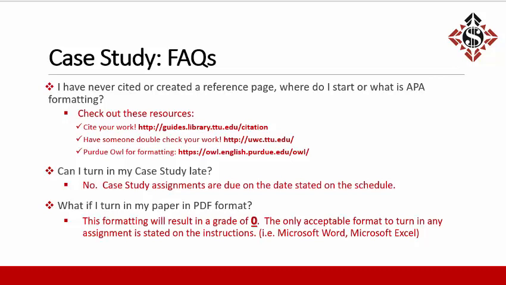The first is for the Texas Tech Library on how you can cite your work. Second is for the Texas Tech University Writing Center, where they can assist you in how to format, check your grammar, and other writing tips. These two are for Texas Tech University students only. So if you're a Texas Tech student, take advantage of these awesome resources. And the third is for the Purdue OWL website, which is available to anyone.